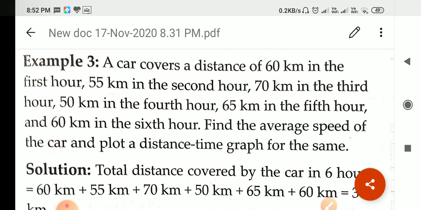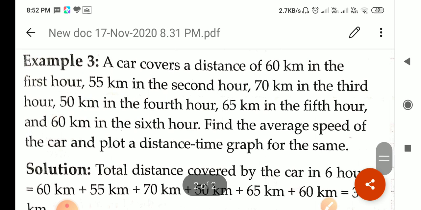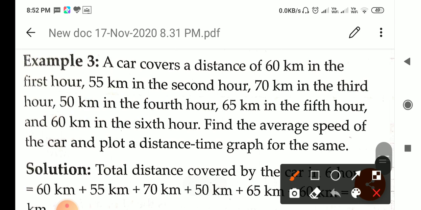Now see. A car covers a distance of 60 kilometers in the first hour. For 1 hour, the car travels with a speed of 60 kilometers per hour.